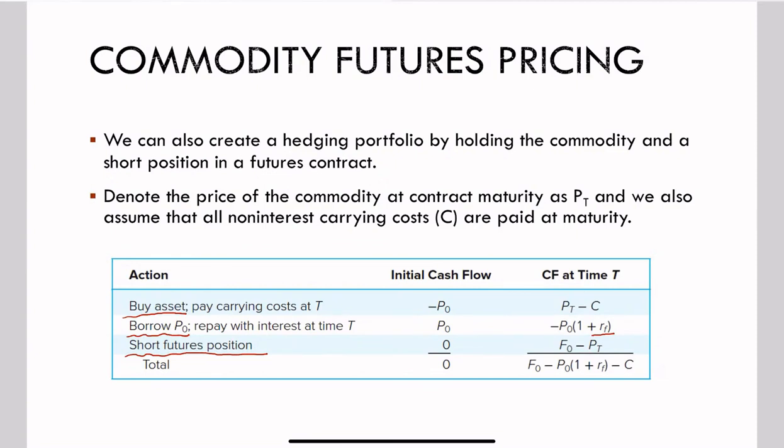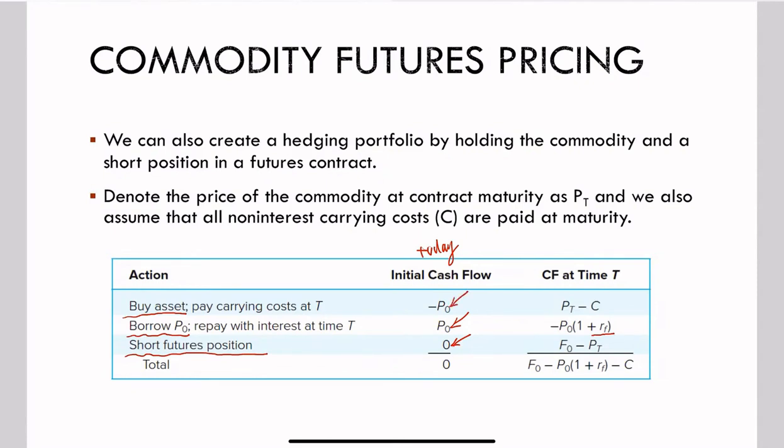So let's first look at your today's cash flow. If you enter your short futures position, then there's zero cash flow because again, it's a futures position. It's costless to enter into a futures contract. And then you borrow P0, right? So you will get a cash inflow of P0. And then you will use this P0 to buy this commodity. So you will have this P0 cash outflow.